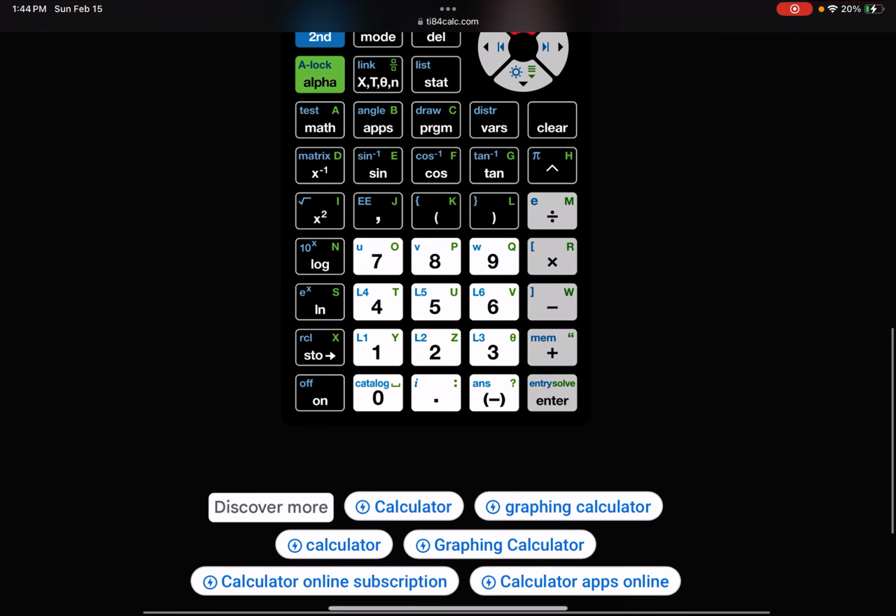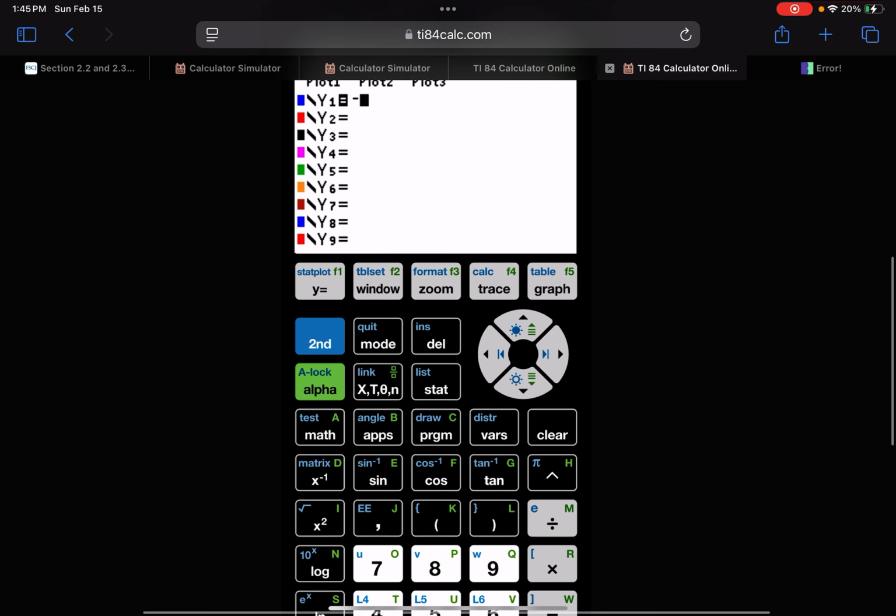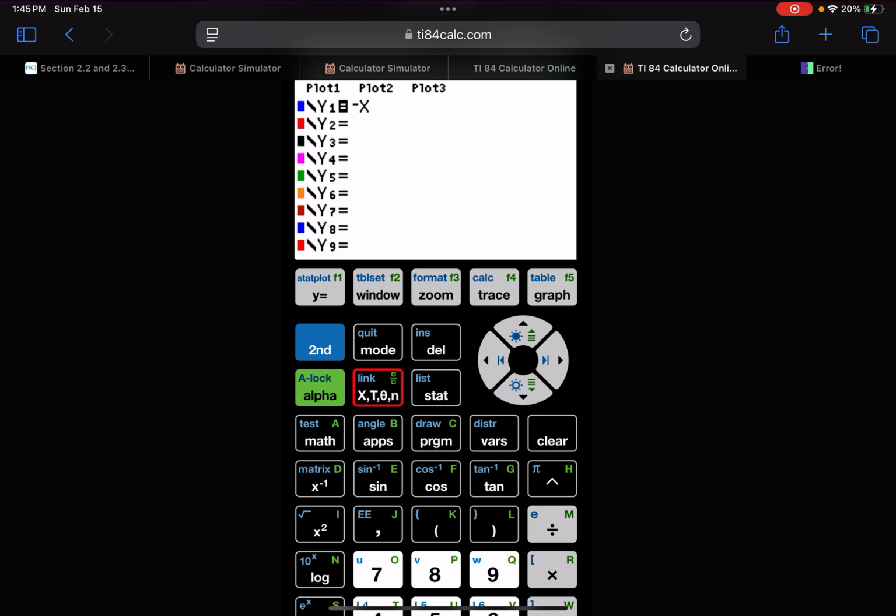This negative sign at the very bottom is highlighted in red now. Whenever you start a function with a negative, you need to click that negative sign instead of the other one. And then I will click on the x squared.